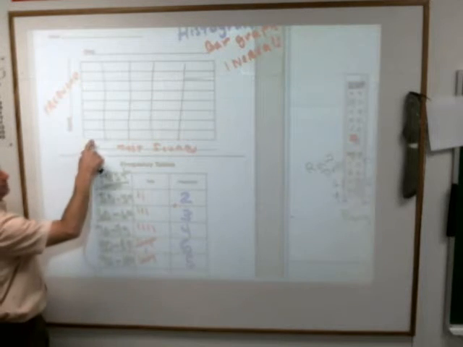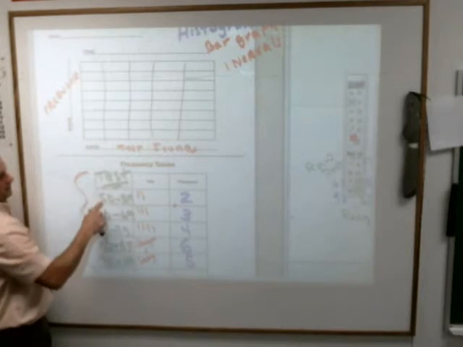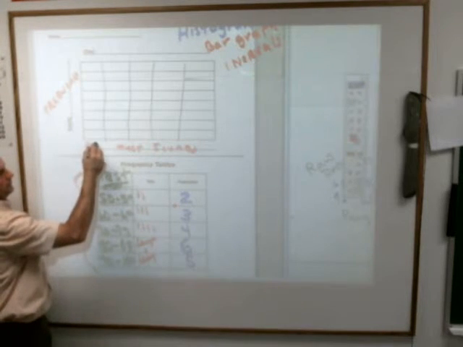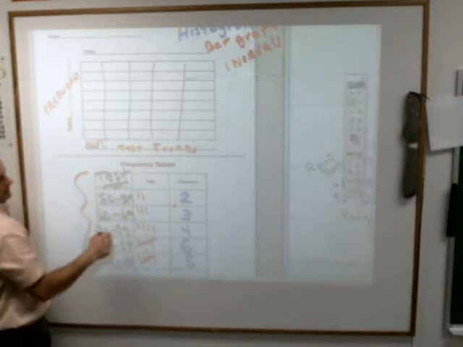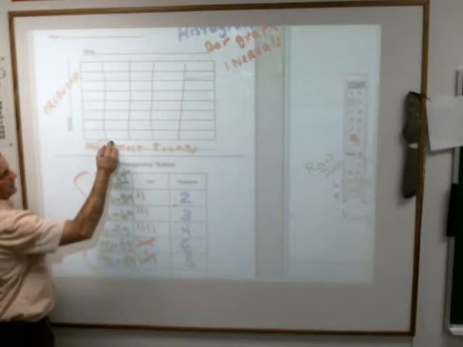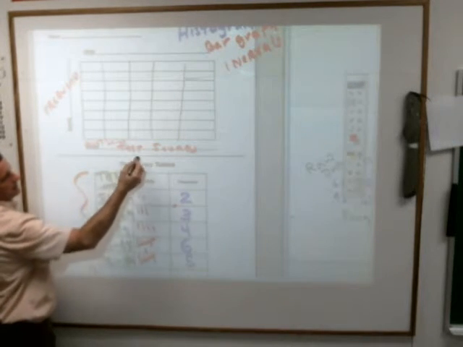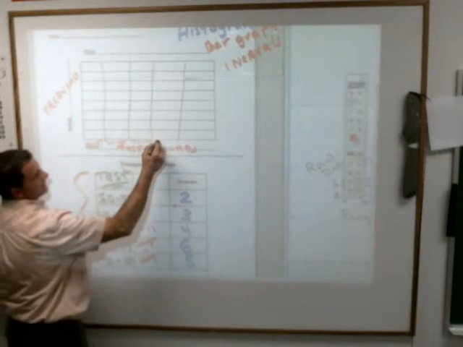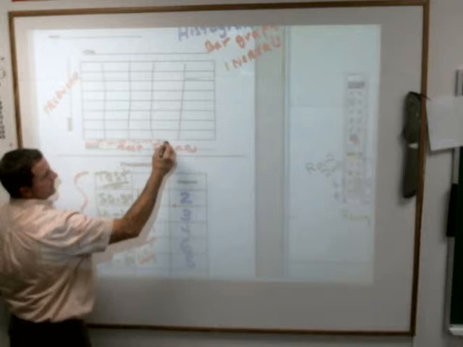Okay, so this little block right here stands for this first interval. This is the number of kids who scored from 50 to 59. This is the number who scored from 60 to 69. This is the 70 to 79. This is the 80 to 89.